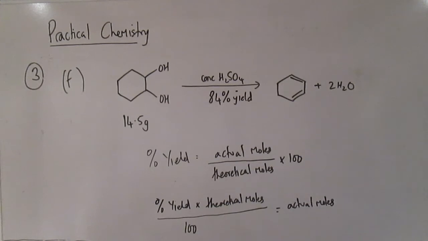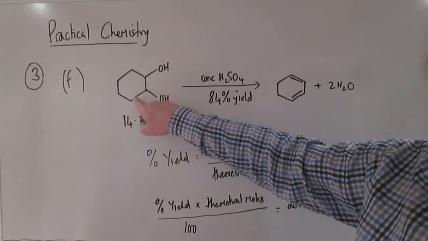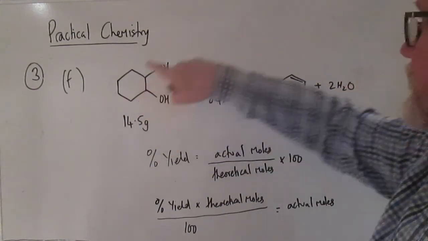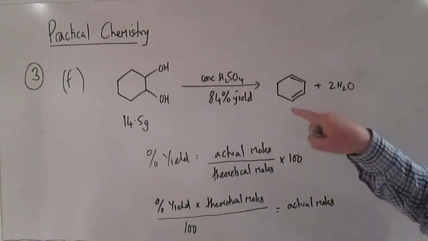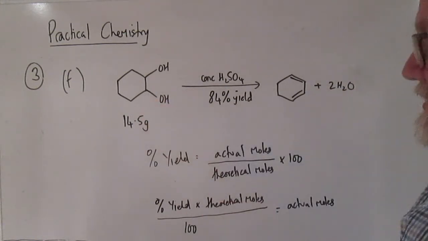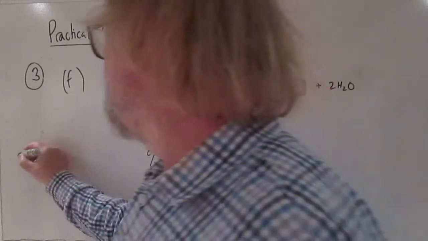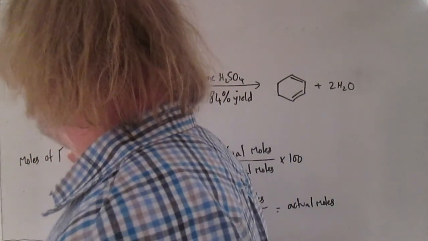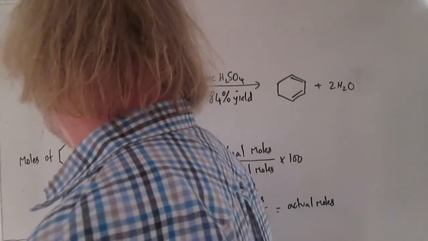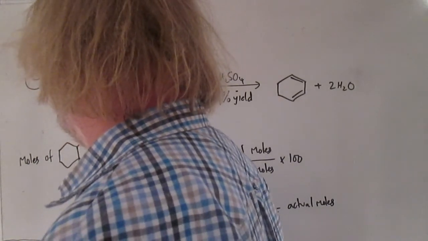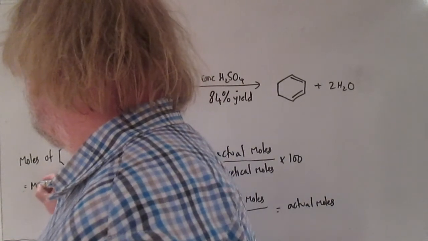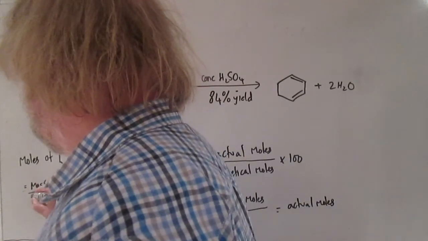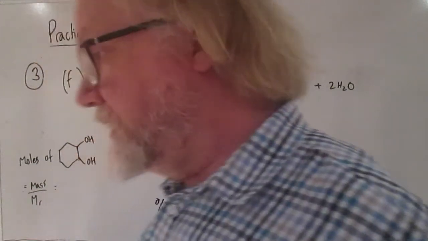So that means, first of all, theoretical moles, remember, is going to be the same as the moles of this, because theoretically each mole of that should turn into a mole of that. So theoretical moles is actually just the moles of the diol. So we can get that the moles of this is mass over MR. Now you've got to be careful with the MR in these things.